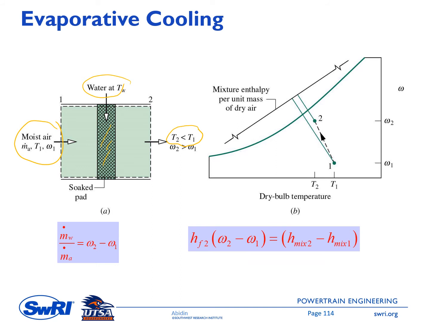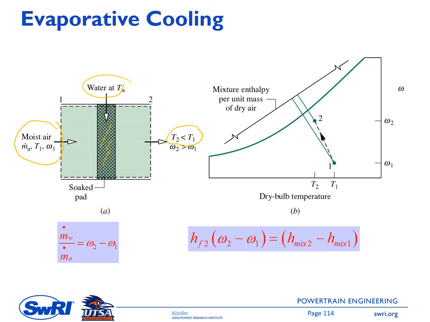This evaporative cooling is okay, especially if you have moist air from the left side with omega 1 much lower than is needed for comfortable air inside the living room. Otherwise, it is not good. If you have too humid air, it's also not good for our health. And on the right side is the schematic of the process from process 1 to process 2 in the psychrometric chart.